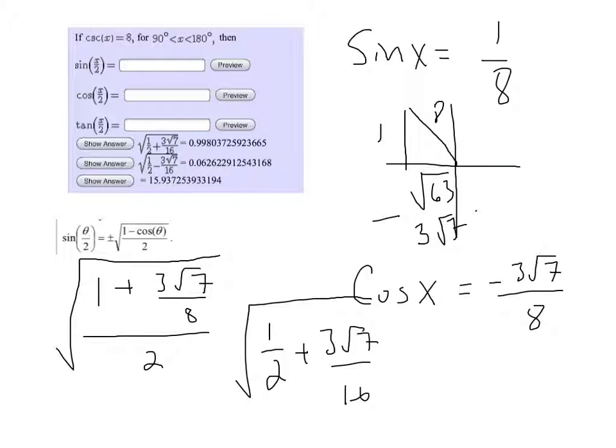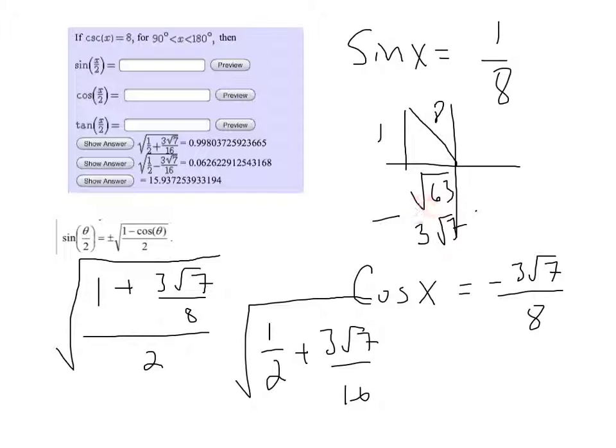So how do we tackle this kind of problem? Well, I know that cosecant is the same thing as the reciprocal of the sine. So if the cosecant is 8, I know sine x is 1/8. And they're telling me that this angle is between 90 and 180, so that's in quadrant 2. So I know the opposite side is 1, I know the hypotenuse is 8.